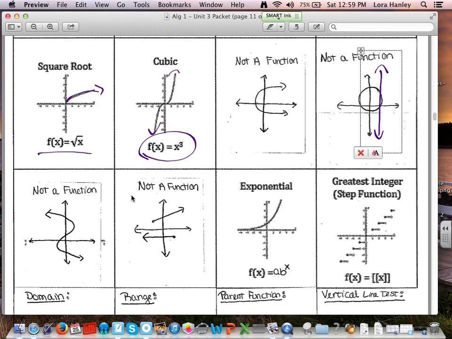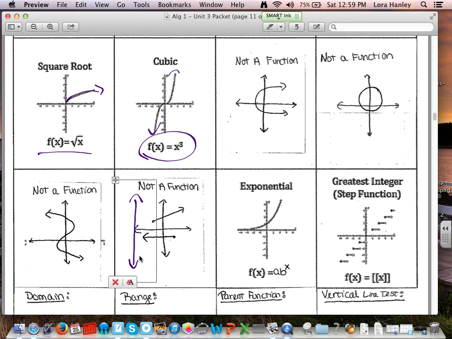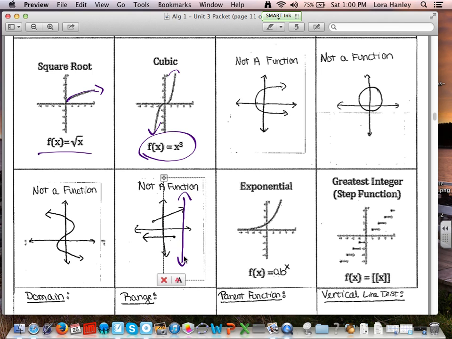If I drag it across this squiggle, it's crossing in more than one place. If I drag it across this piecewise function, it's crossing in more than one place at a time. So all of those are not functions.